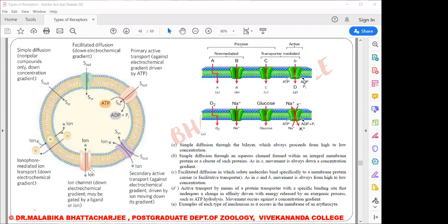So this is basically diffusion, but since ions are charged molecules and the plasma membrane is a lipid bilayer, the charged molecules cannot pass through the lipid bilayer, and hence they use ion channels to pass through. So ions also move by diffusion, but it is a form of facilitated diffusion where the ions prefer their movement through the ion channels.